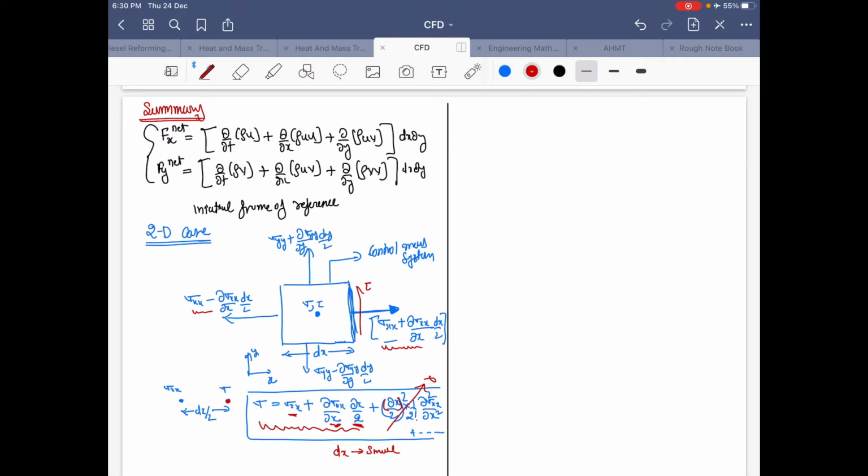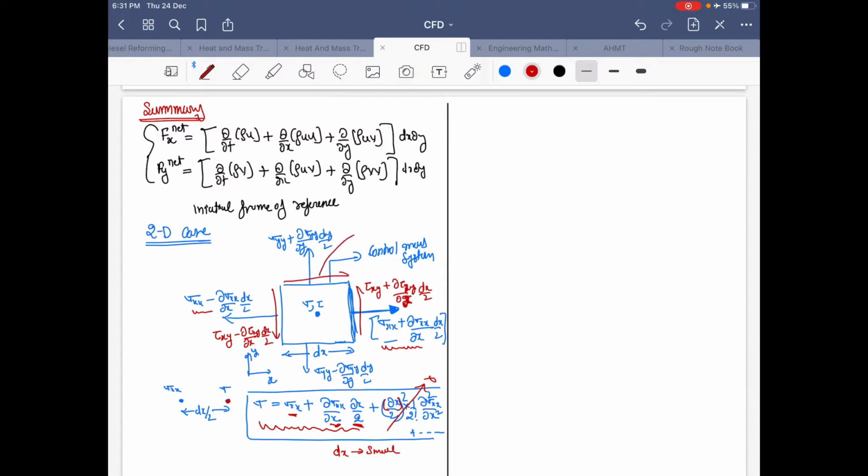Which plane is it acting on? It is in the plane of x and in the direction of y: tau xy plus del tau xy by del x into dx by 2, and here I will have tau xy minus del tau xy by del x into dx by 2.